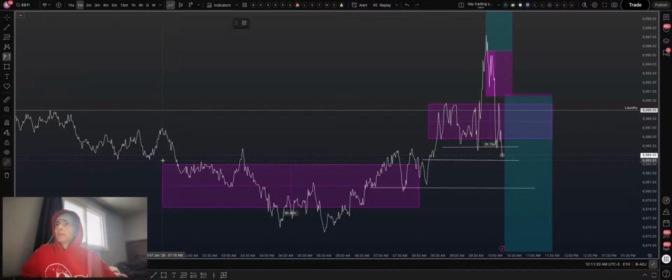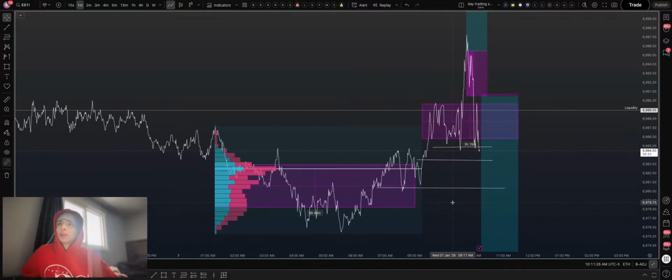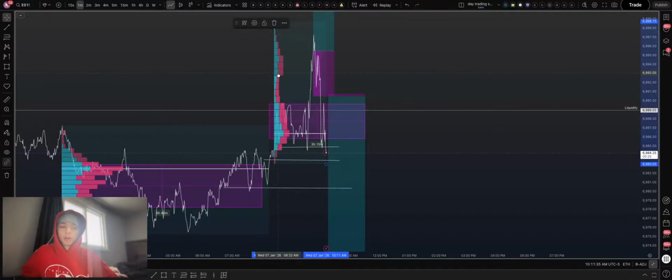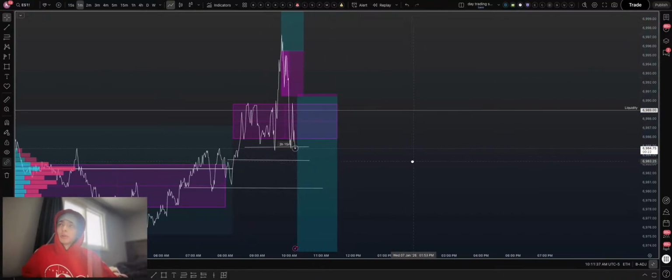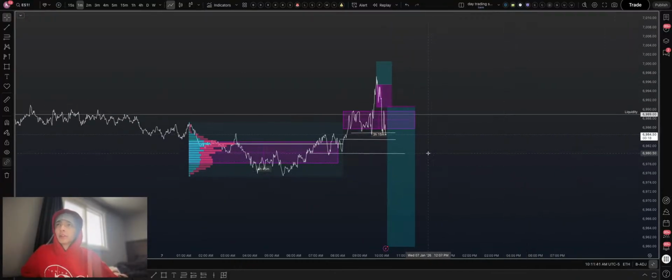If I mark out this consolidation period, we can reach these levels down here. And if we break out of this consolidation period, it's looking pretty healthy. It's looking for healthy shorts, I won't lie. So we can touch this area here.